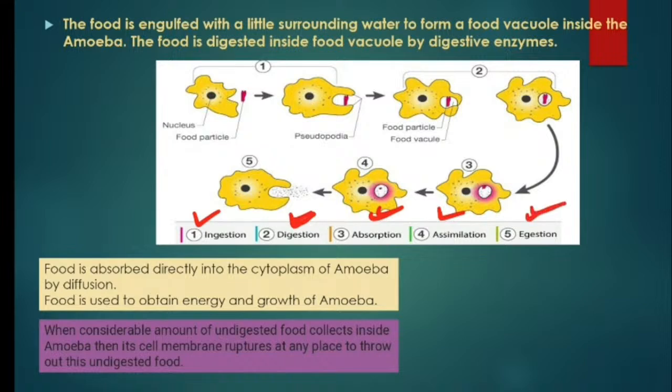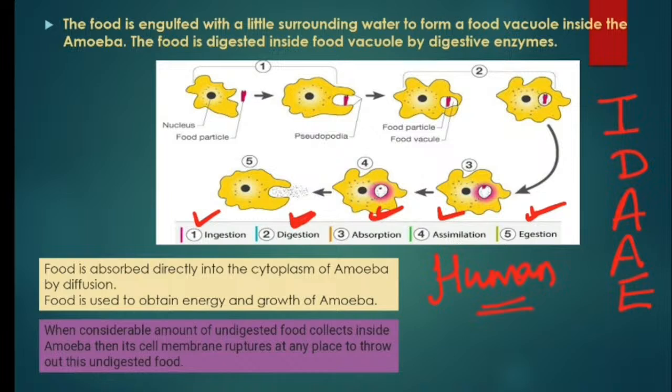So the 5 steps of holozoic nutrition are: one is ingestion, next is digestion, then comes absorption, then comes assimilation, and then comes egestion. Okay, so this is the same process that human beings also follow.